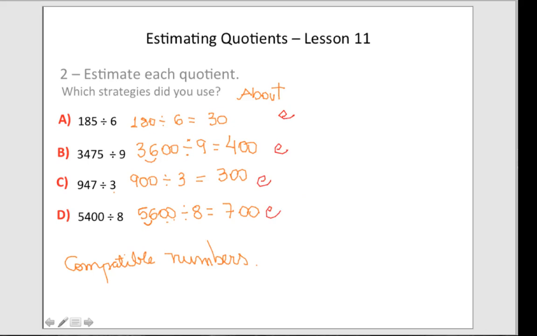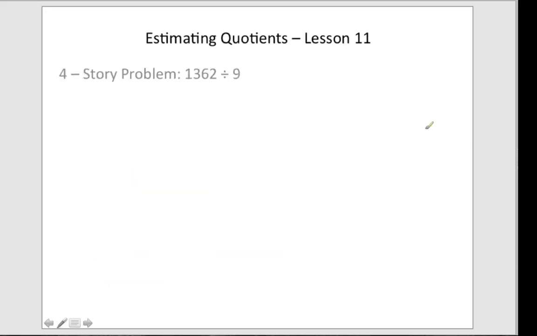And here question 4. It is what? A story problem. So to find the solution for this problem, I need to do what? I need to divide this number here, 1,362 by 9. So guys, here, which number would I choose to divide by 9 easily?